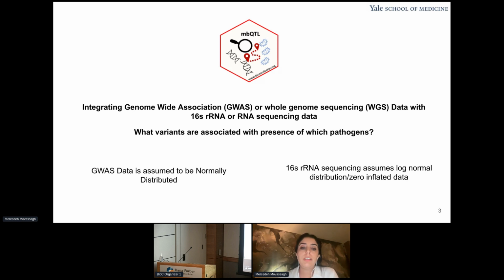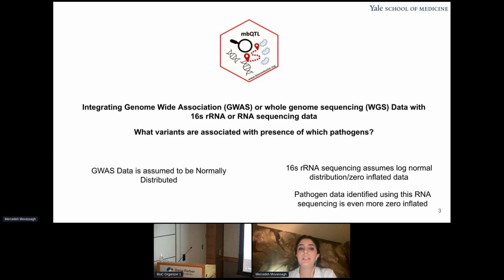Generally, GWAS data and any sort of whole genome sequencing analysis, for the most part, assumes a normal distribution. However, if you think about 16S rRNA sequencing, the best way to represent that is using log normal distributions or zero inflated models. And pathogens that are identified using RNA-seq are very zero inflated.